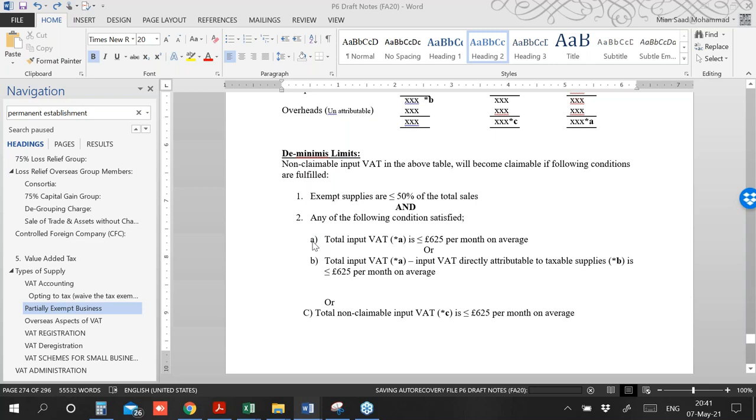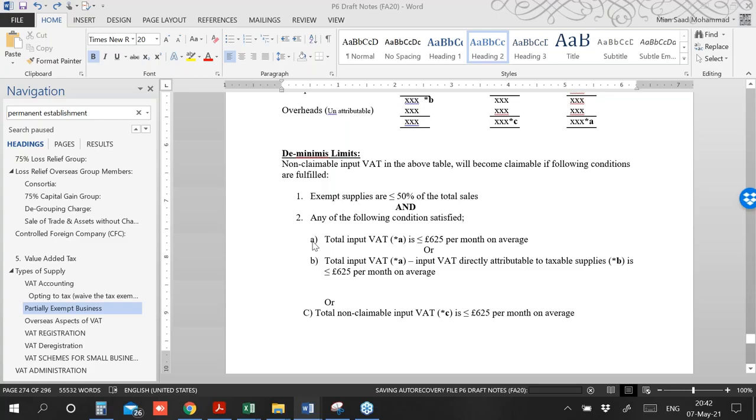However, the salaries that they are paying to the teachers who are teaching exempt courses and the taxable courses can be found out directly. The books, the materials, that have been bought for those courses, and all other expenses that can be directly traced and find out are called directly attributable expenses. And all of the expenses on which the input VAT is recovered can directly be traced that these have been suffered, this input VAT has been suffered on the items which are taxable or standard rated, not exempt.